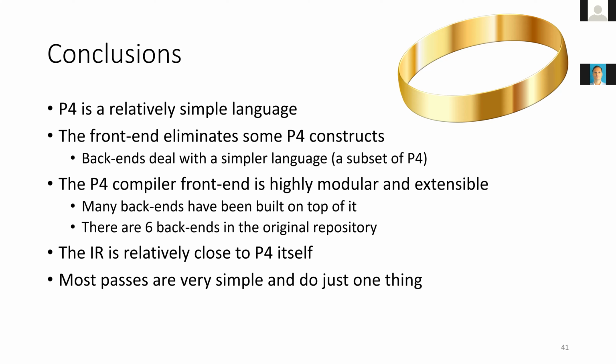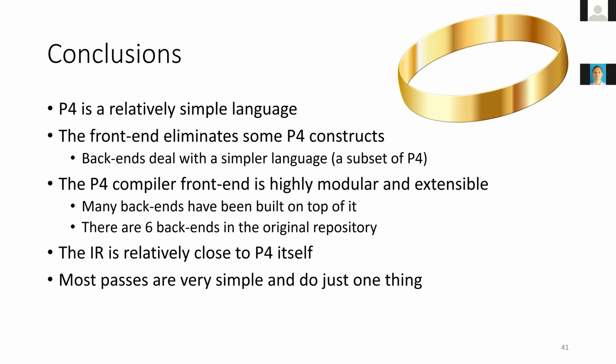It's not designed for performance. We could argue that the compiler is too slow and bulky, but we optimized for making it easy to modify, test and extend. So the backends, you can read the code of in the public repository. And the IR looks complicated, but it's fairly close to P4. So if you understand P4, you will understand the IR.